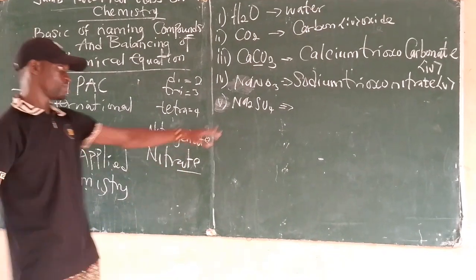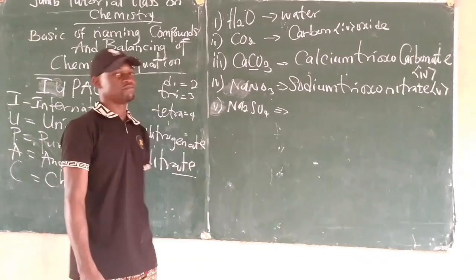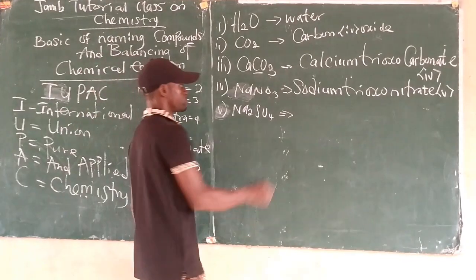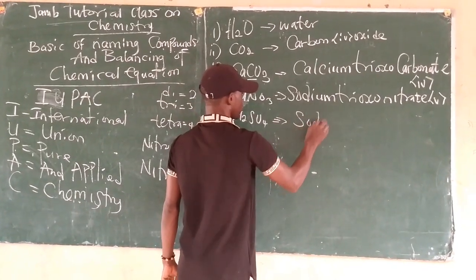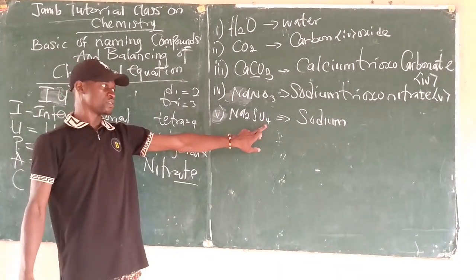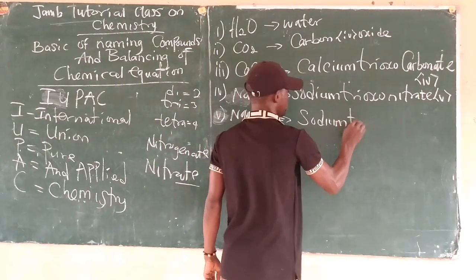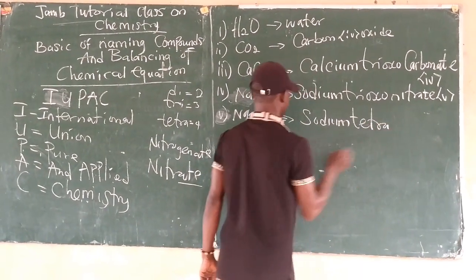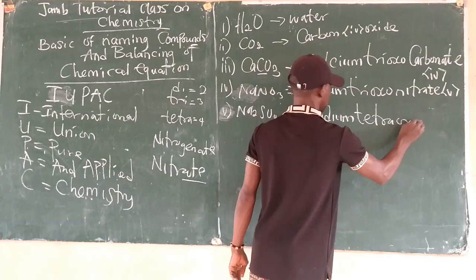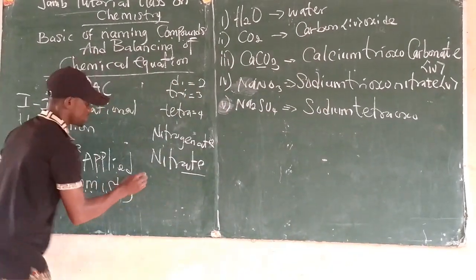So now let's come to the next one. This is sodium, this is sulfur, this is phosphorus. We also have 3 elements. So this becomes sodium. Like I told you, this is 4 atoms of oxygen, and when it's 4, you use what? Tetra. So here we have sodium tetraoxo. Also, this is sulfur.